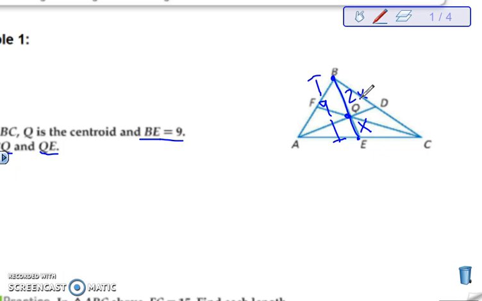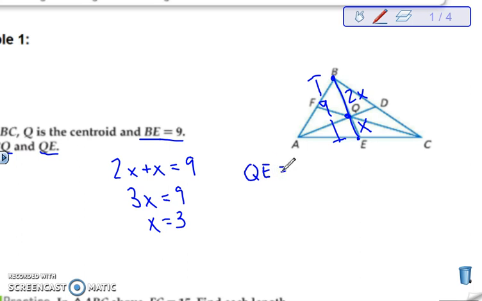I know the total length is 9, so I can just say 2X plus X is equal to 9, which tells us X equals 3. I'll look at it again. I need to find QE.